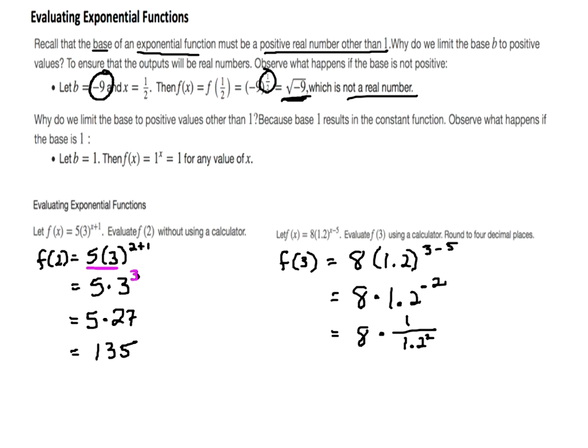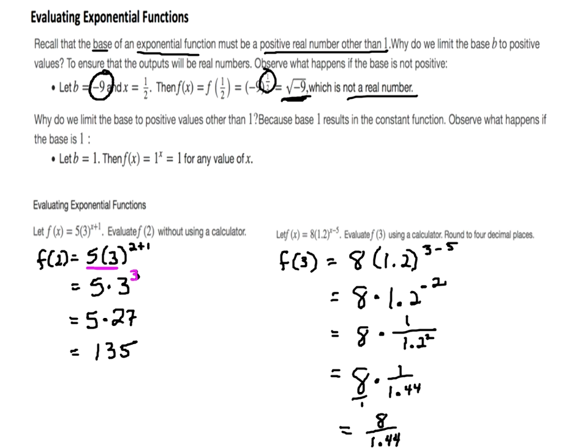And 1.2 squared is 1.44. So this is 8 times 1 over 1.44. This is really 8 over 1 times 1 over 1.44. So this is the same thing as 8 over 1.44.